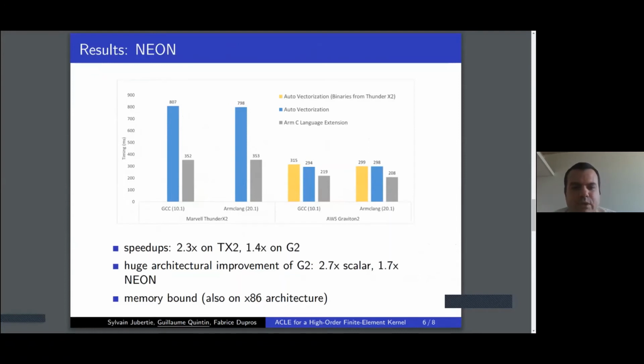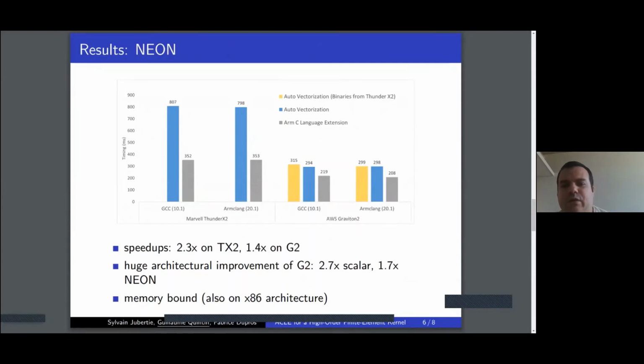We compiled our kernel with GCC and ARM on the ThunderX2 and Graviton. We have basically a speedup of 2 on the ThunderX2, but on the Graviton we do not have such a speedup.